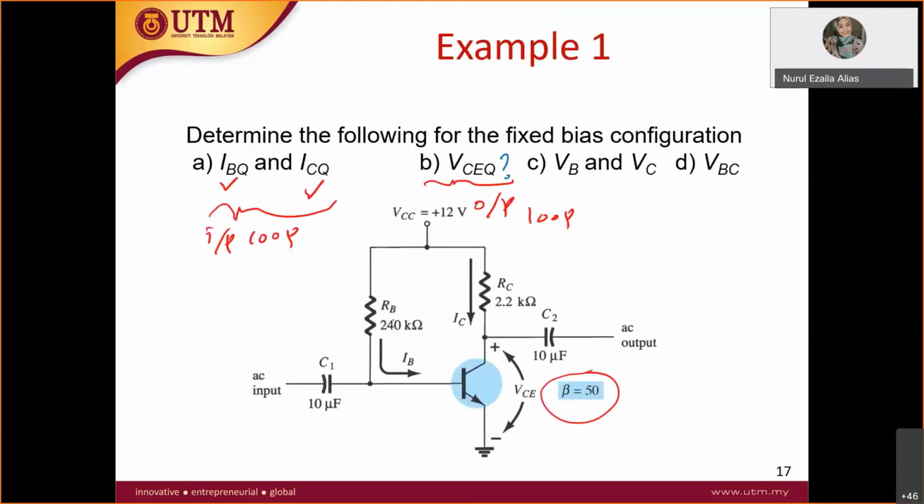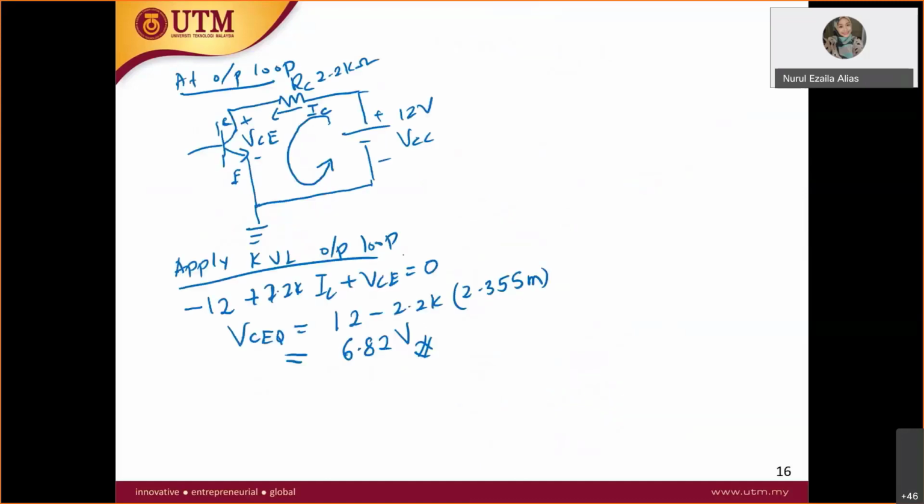Now the question asks you to find VB and VC. All right, VB. These are the tips. To find VB, VBE is equal to VB minus VE.